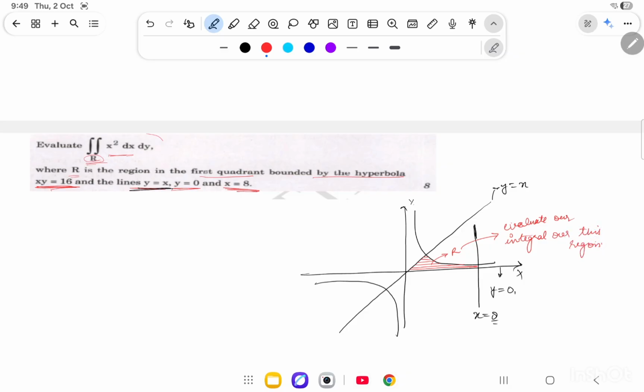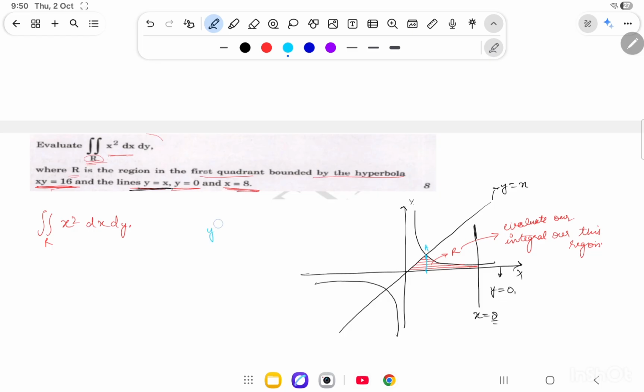So let's do that. We are supposed to integrate, over R, x square dx dy. So let's plug in the values. Up till this point, let's name it A. So this is point A. First let's find out the coordinates of A. A is basically the intersection of the hyperbola and the line y equals x.